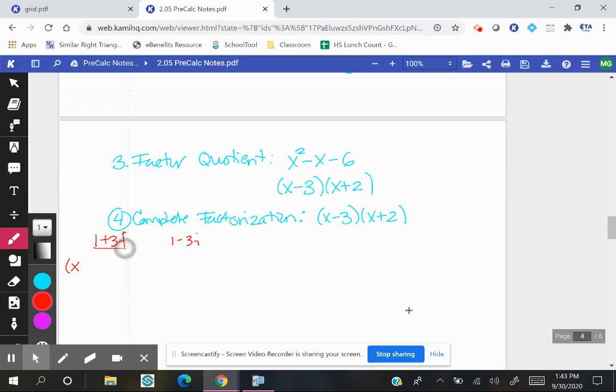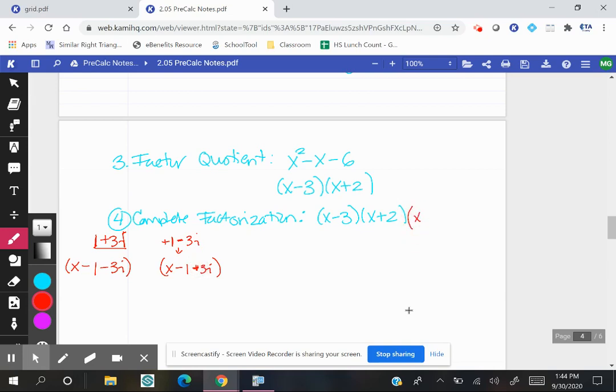So I'm going to take this and I'm going to negate each one. So this 1 will become negative, and this positive 3i becomes negative. Same thing here. I'm going to take x, negate the 1 becomes minus 1, negate the negative 3i to become positive 3i. So both signs change. This positive becomes negative, this negative becomes positive.